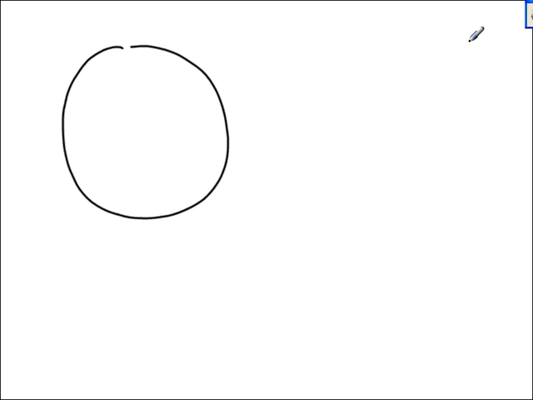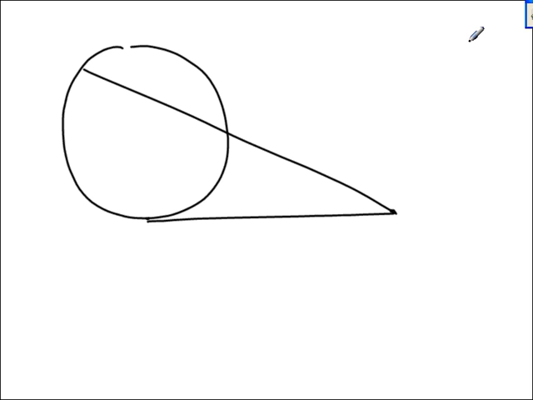This is the chord-chord theorem. But what if you have a tangent and a secant? What if you have, at this point, a tangent line, and then you have a chord? Like always, we call this point P. P for point.